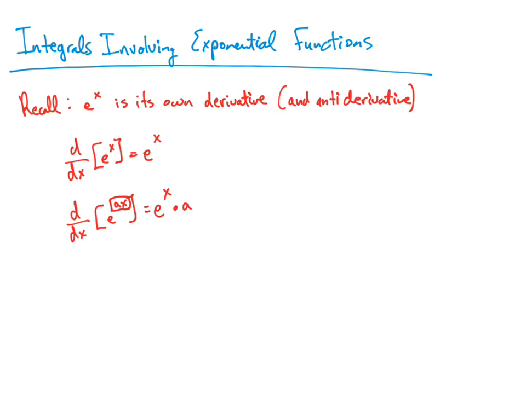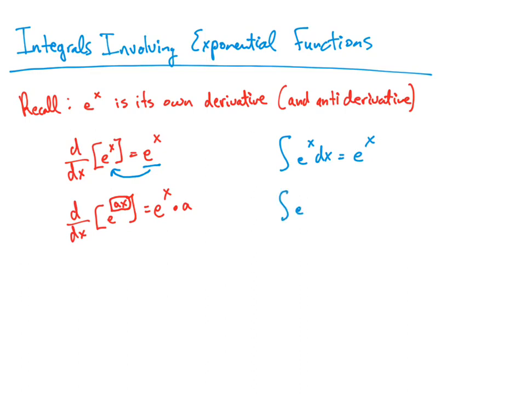If we're going with the antiderivative, the similar idea plays out. So if we have the integral of e to the x dx, this is equal to e to the x, and that's because if we take the antiderivative of e to the x, we get e to the x.